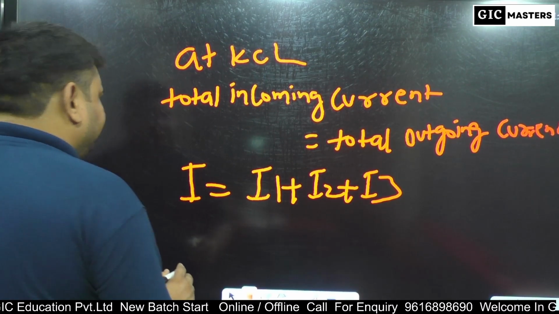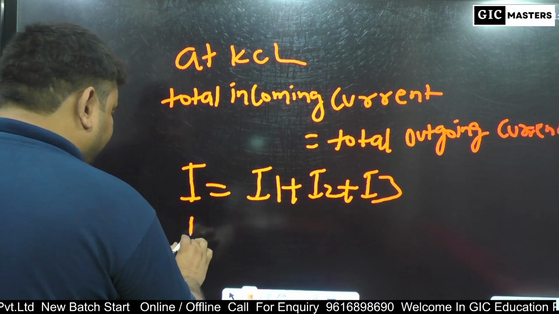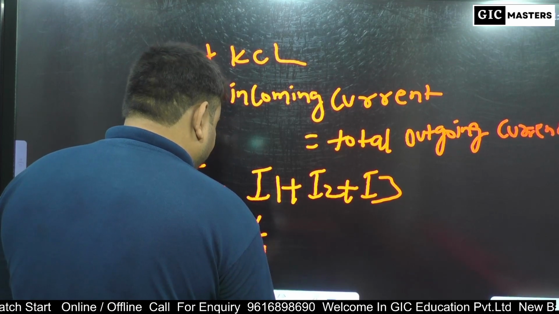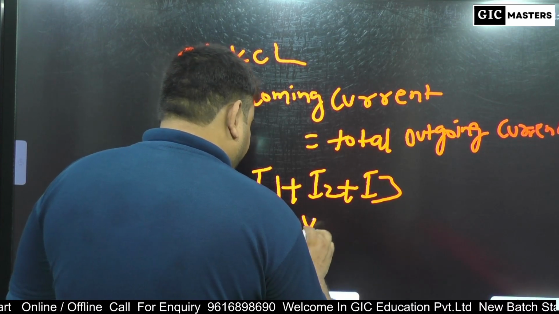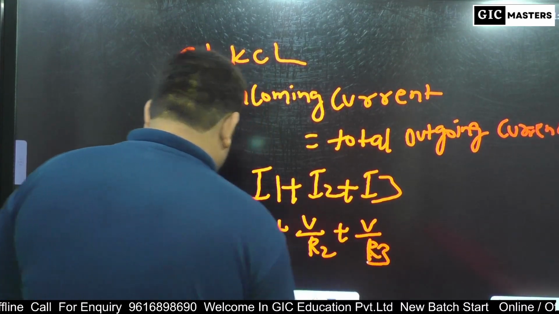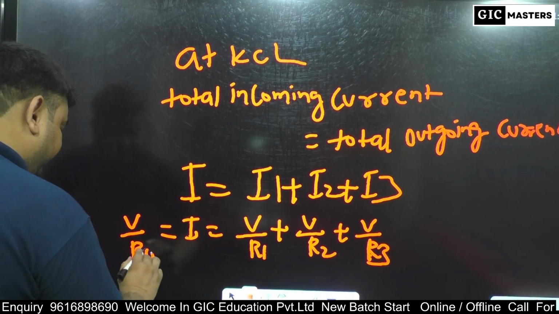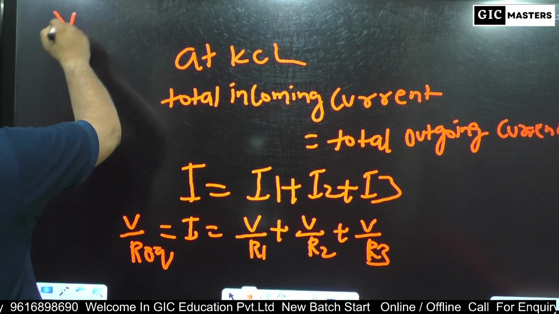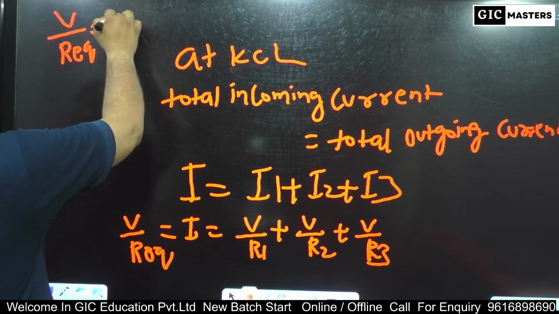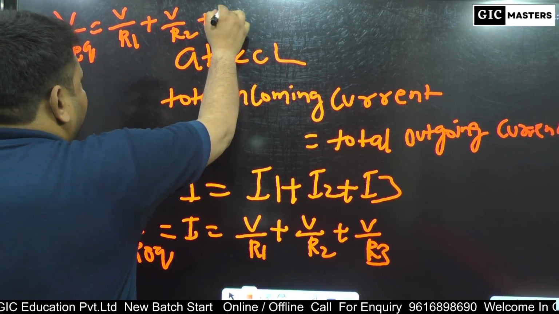So in a parallel combination, I equals V upon R1 plus V upon R2 plus V upon R3. We also write I equals V upon R equivalent. So V upon R equivalent equals V upon R1 plus V upon R2 plus V upon R3.